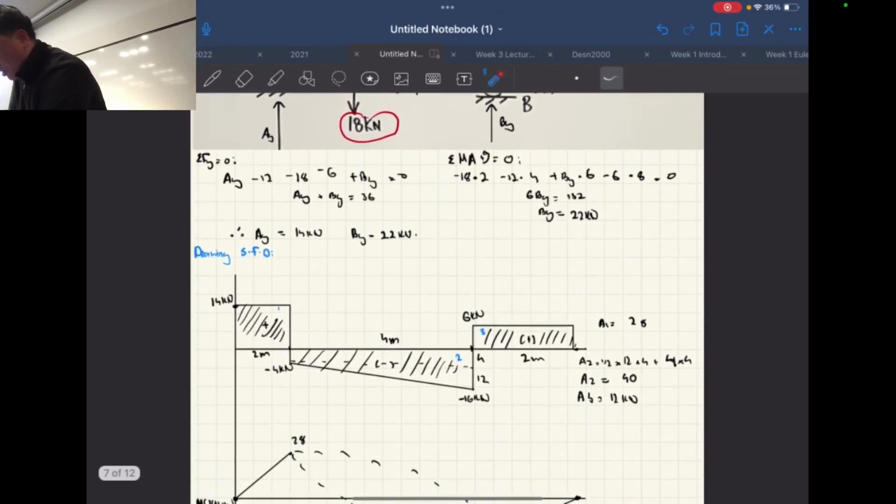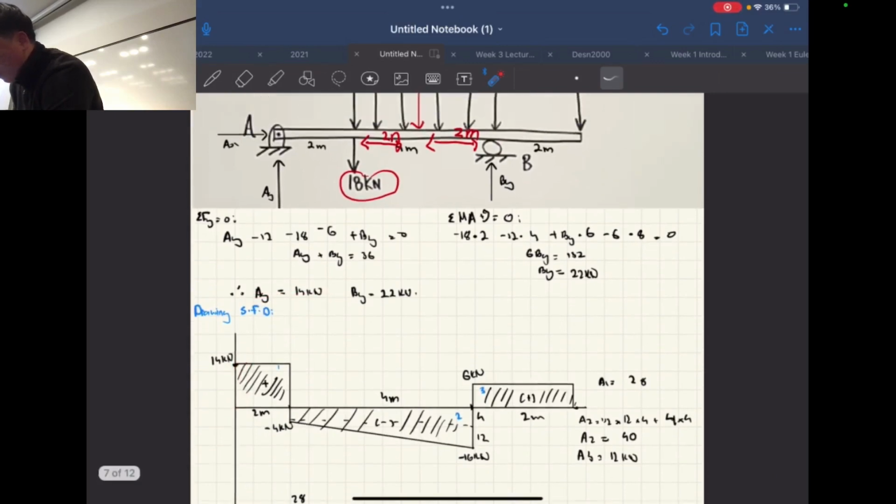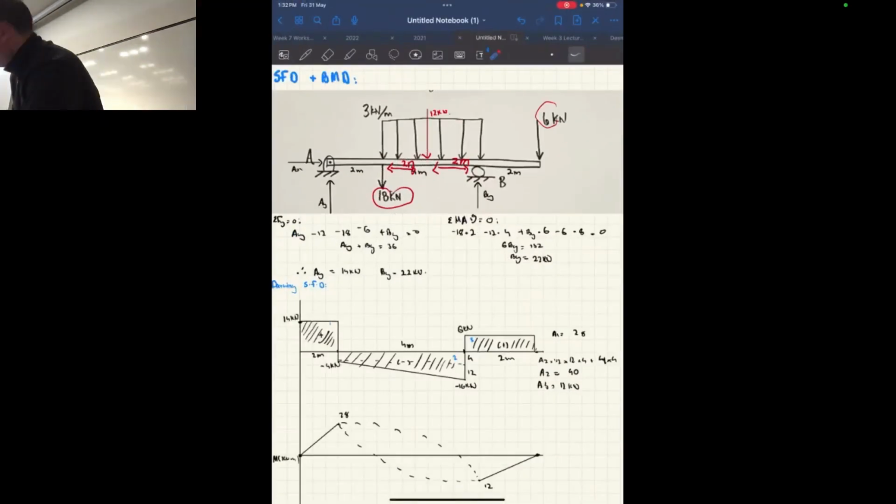Here we found that Ay equals 14 kilonewtons, right? So we move up to 14 kilonewtons, and then you move across here. I'll just turn this sideways, maybe better. Then you move across here, and then you move 18 kilonewtons down, so this value is negative 4 kilonewtons. And you know how there's the UDL here, right? Between 2 meters and 6 meters, you have to draw a triangle down like that because there's a UDL there.